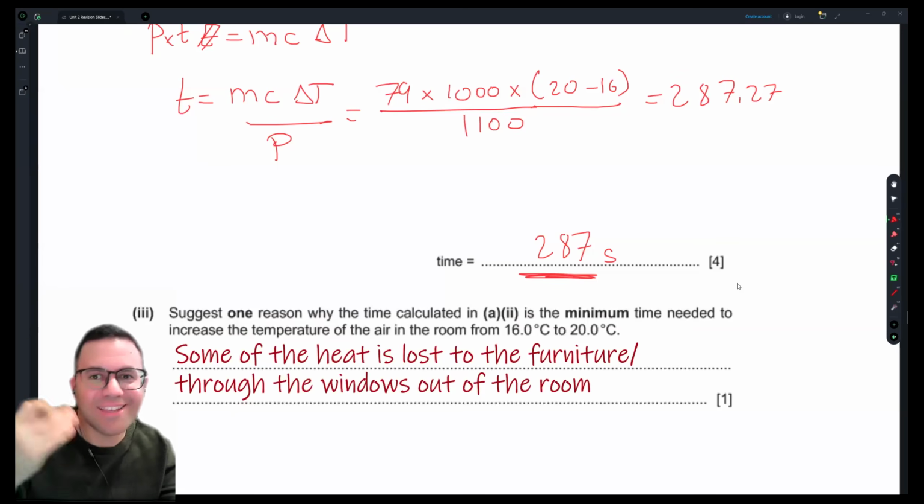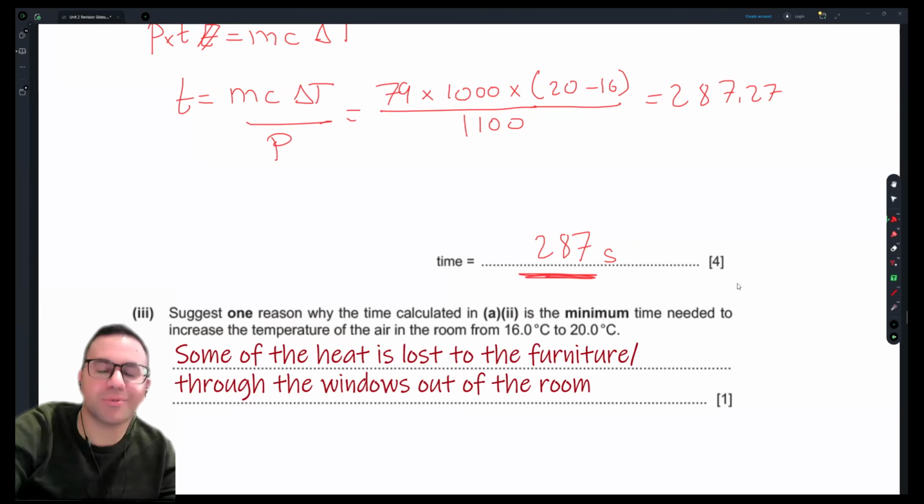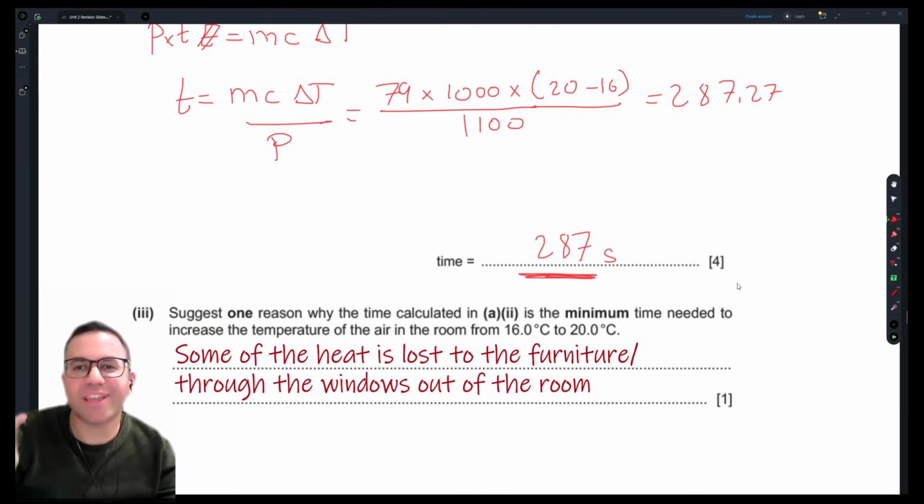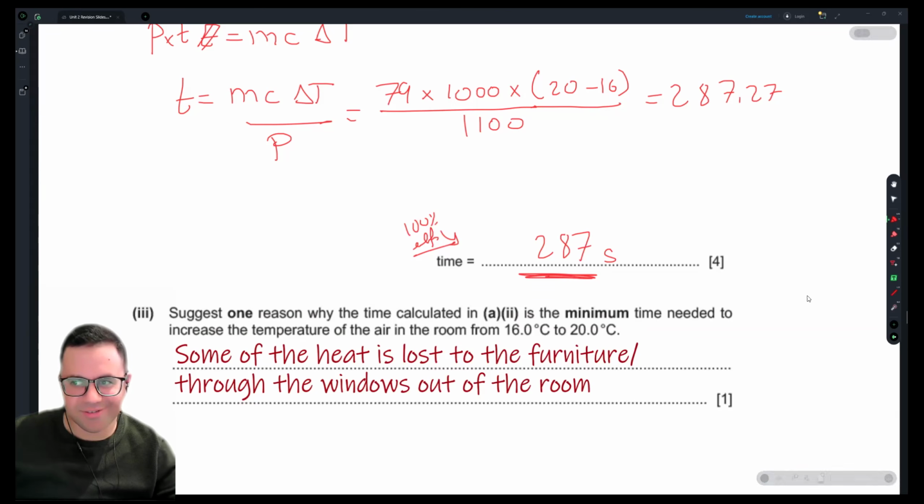You can't heat it up any faster than 287 seconds. But if there's heat loss included, it'll definitely take more than 287 seconds. It cannot take less than 287 seconds because this assumes 100% efficiency. Okay? Nice question.